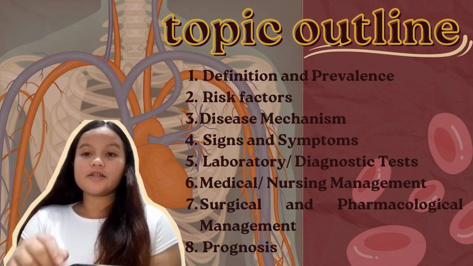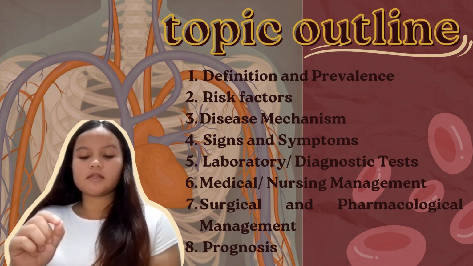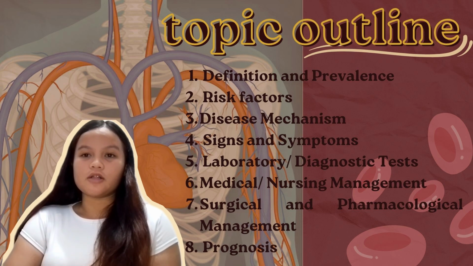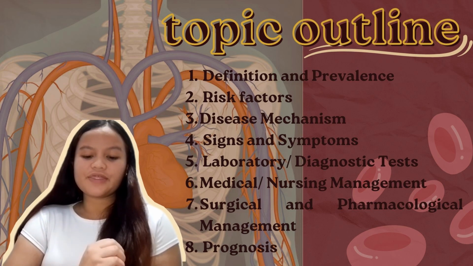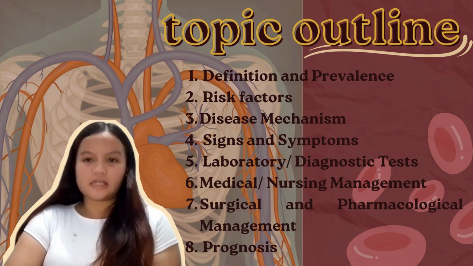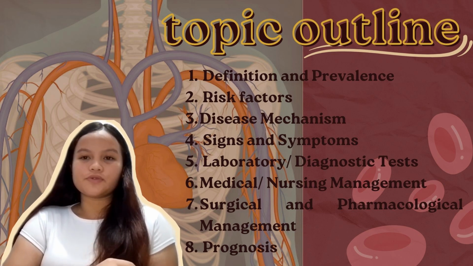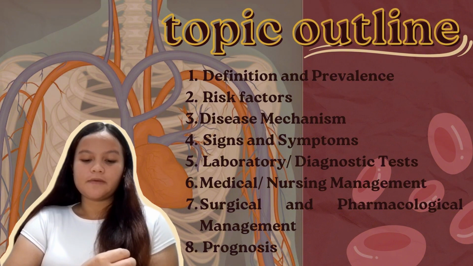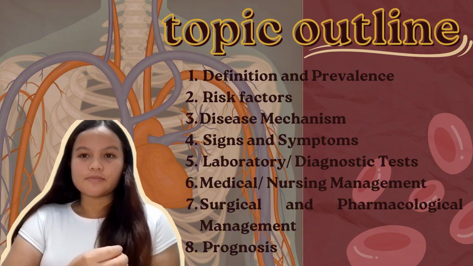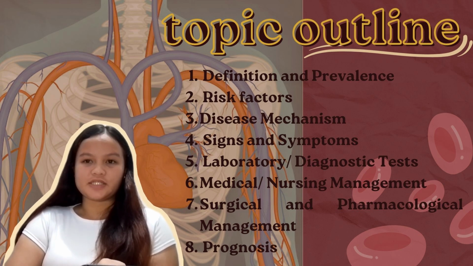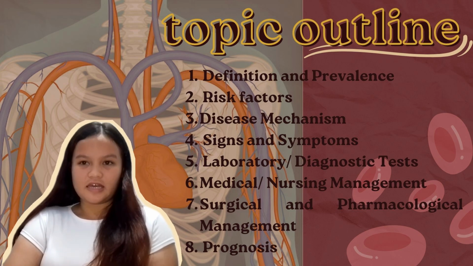And then in the medical and nursing management, it focuses on the treatment approaches in the condition. And then the surgical and pharmacological management, this is the intervention. It covers advanced intervention that we're going to use in the condition. And then lastly, the prognosis, it provides the information about likely the outcomes of the condition, the life expectancy or quality of life for patients, depending on the stage of disease and adherence to treatment.